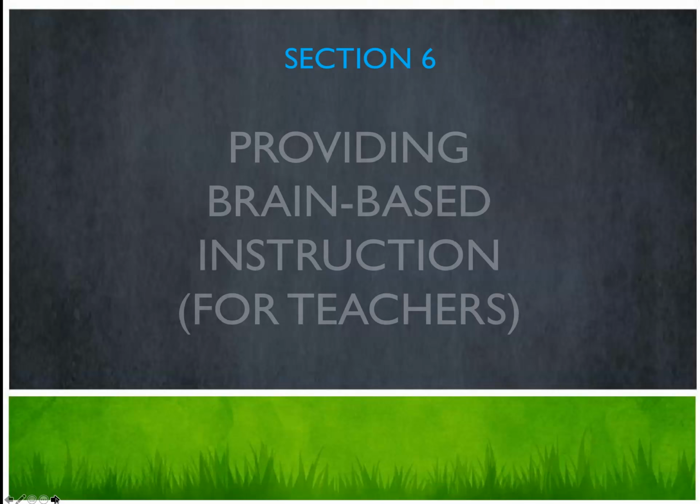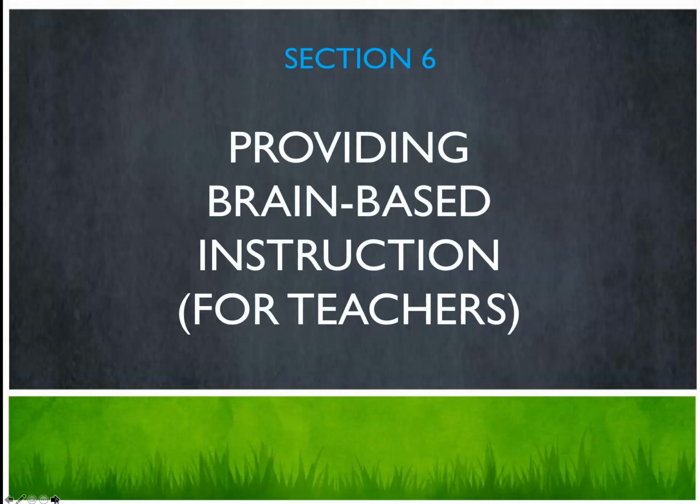In section 6, this is a section that's brain-based instruction for teachers. This is a really important section because it really gets into what are the factors that make a difference for students so that they can remember, they can retain what you're teaching.